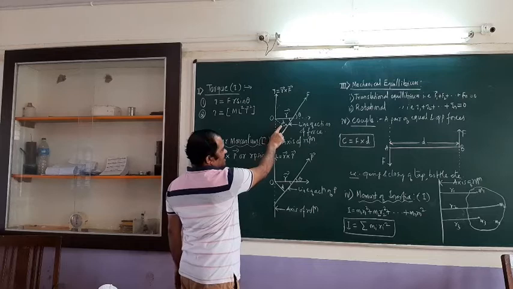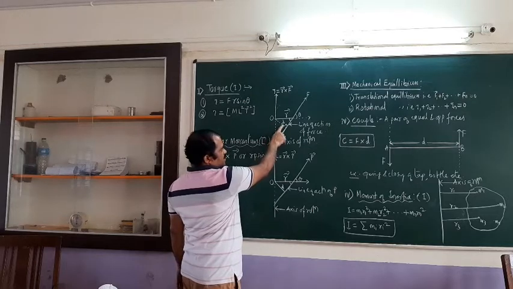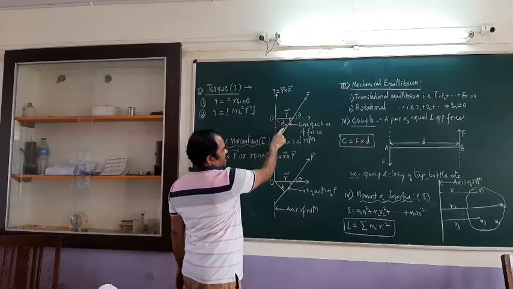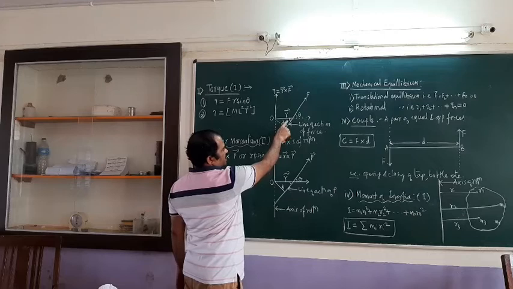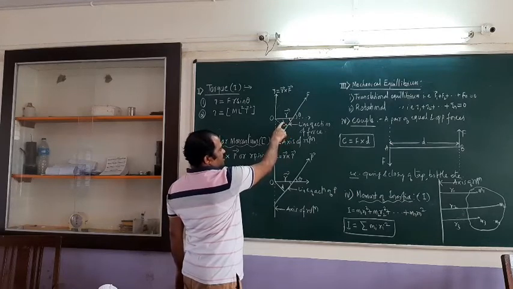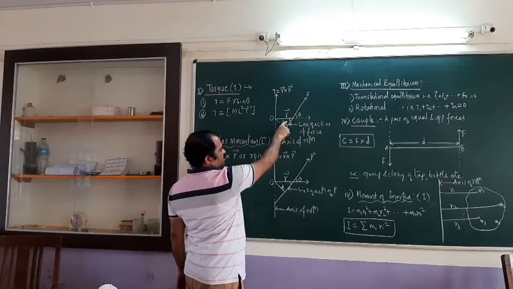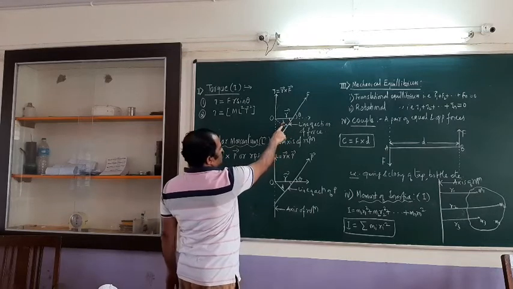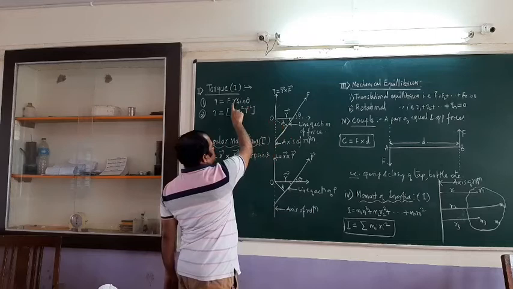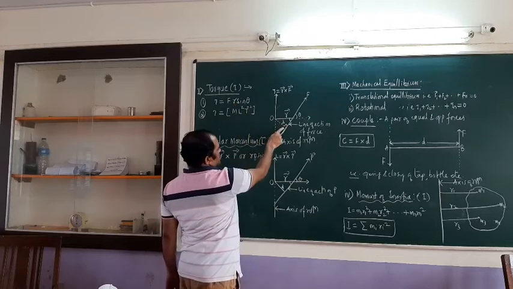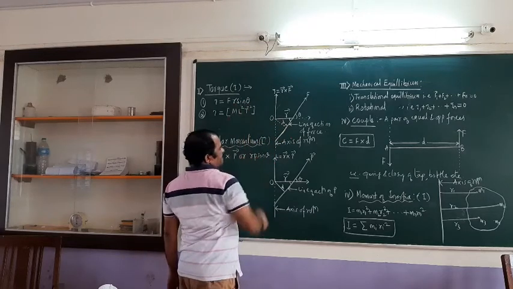How to calculate d? Here this is a right angle triangle. If you take sin theta, it is opposite divided by hypotenuse. Therefore d is equal to R sin theta, the perpendicular distance.